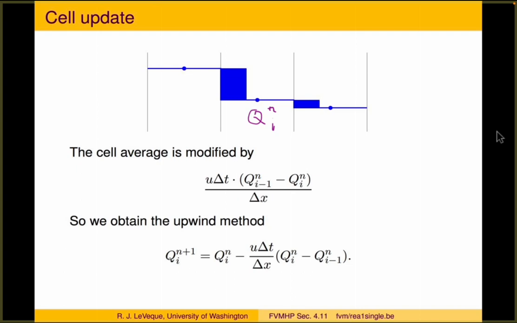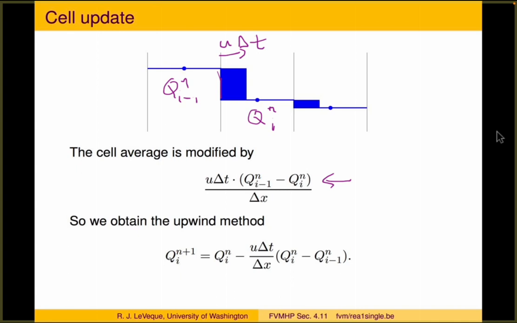But after evolving the conservation law, this discontinuity here has shifted over by a distance u delta t. And so as it shifts over, this higher value, in this case Q_{i-1}^n, has shifted into the cell a distance u delta t. So there's some jump in Q that's shifted into the cell a distance u delta t. And so the product of those two, which is the numerator here, u delta t times the jump in Q, is the area that's shown in blue up above.